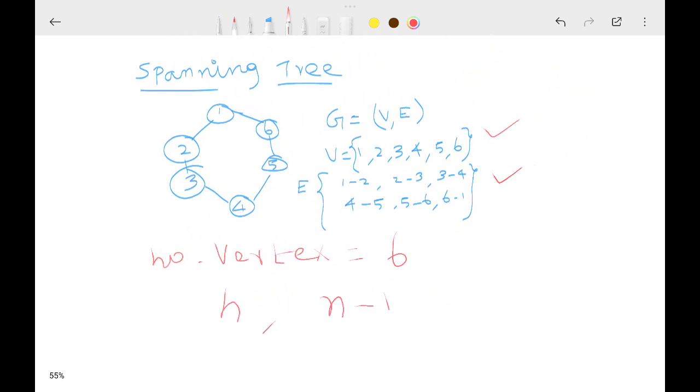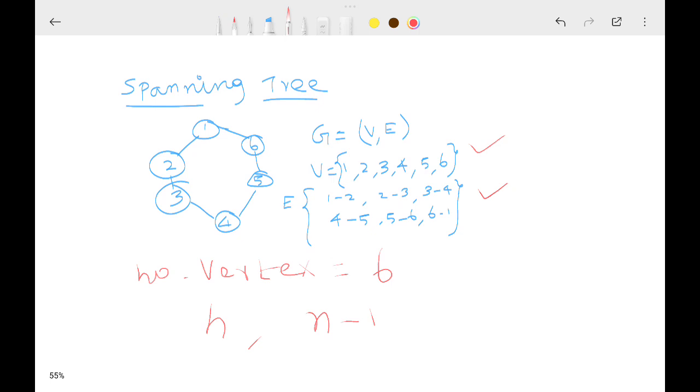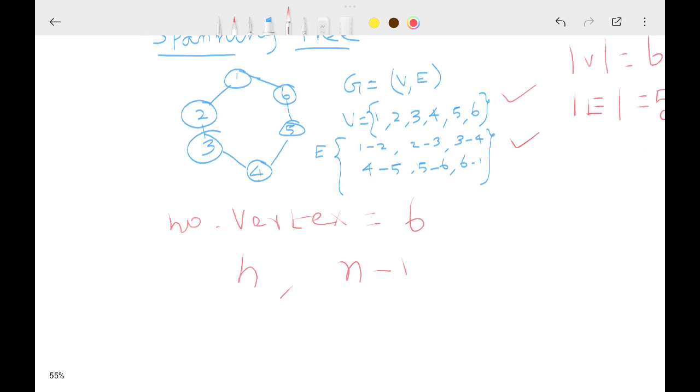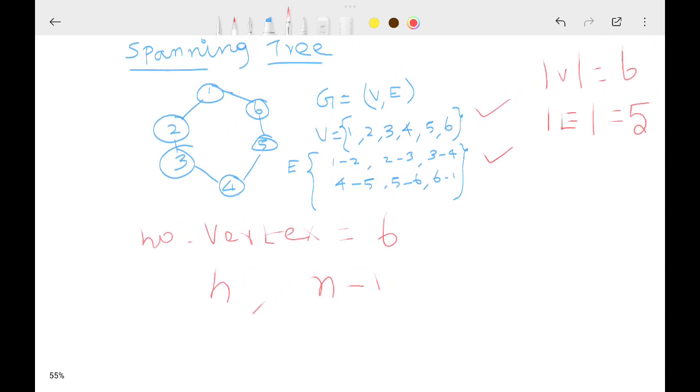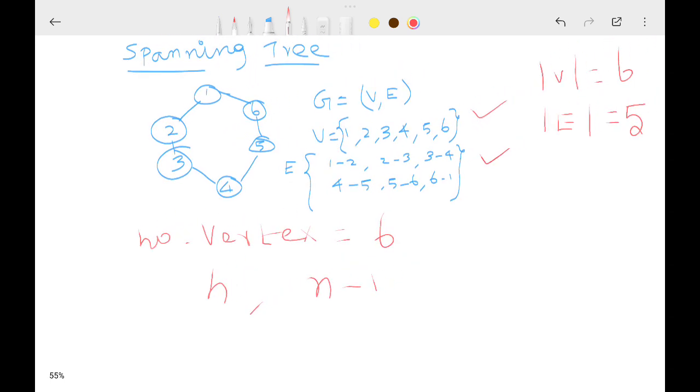In this example, the number of vertices is 6, so the spanning tree should contain 5 edges, that is n minus 1. This is the common property of any spanning tree.